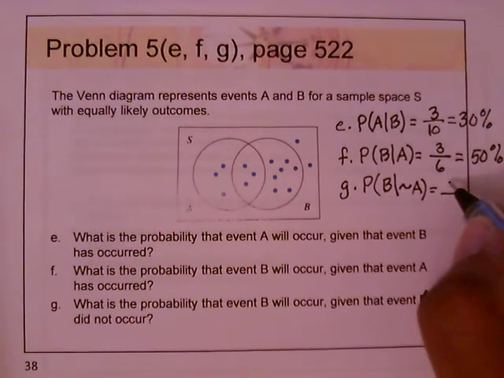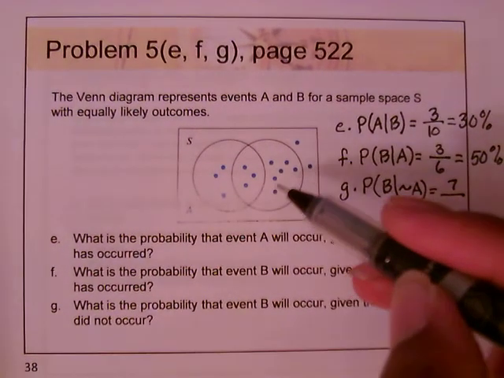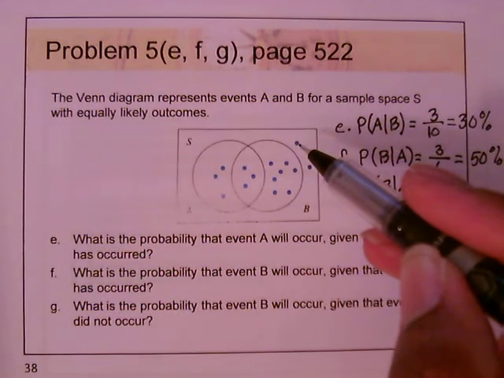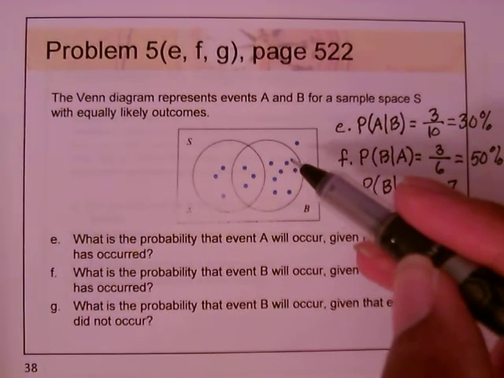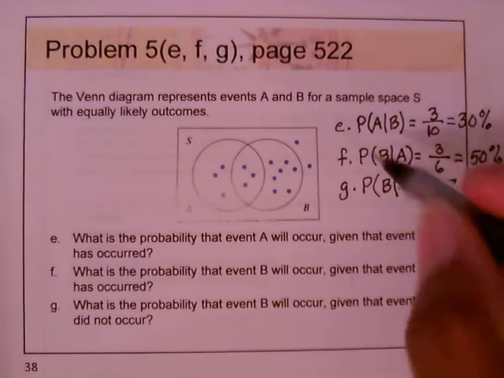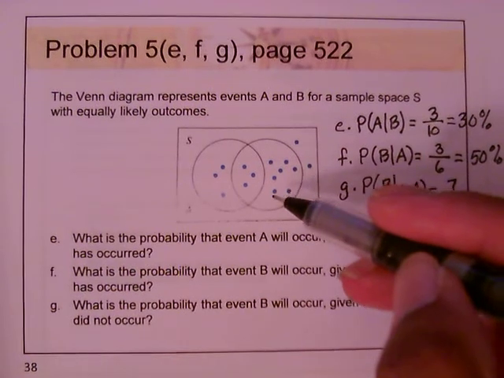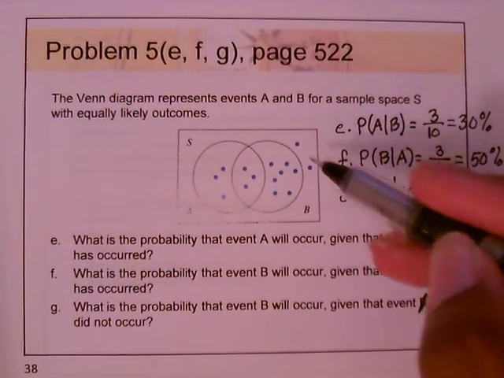Now if we exclude these, how many dots are in the sample space that are left? That's 1, 2, 3, 4, 5, 6, 7, 8, 9. We'll be left with just what's left in exclusively B and those 2 dots that are on the outside. That's a total of 9.